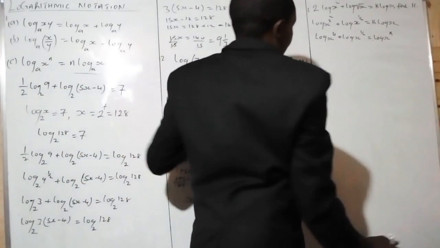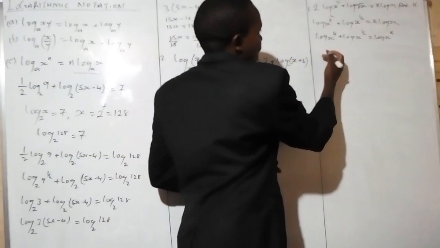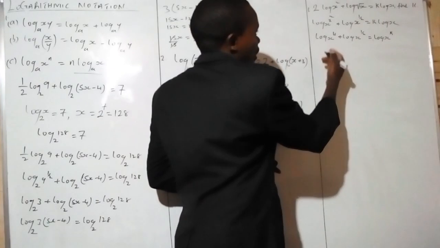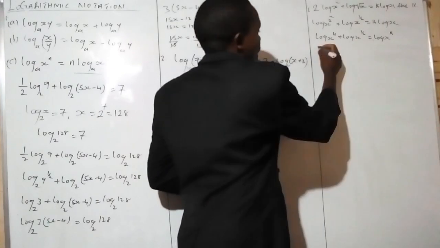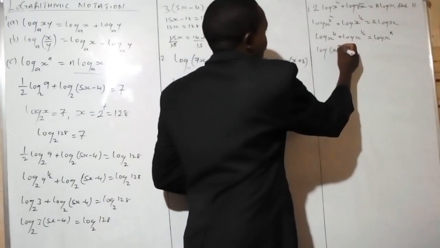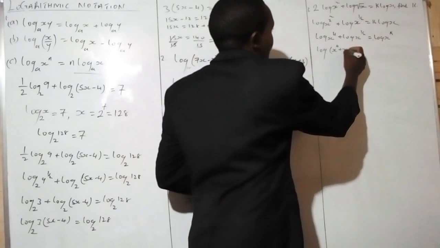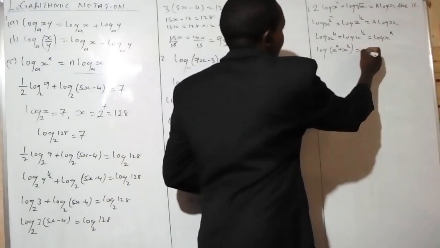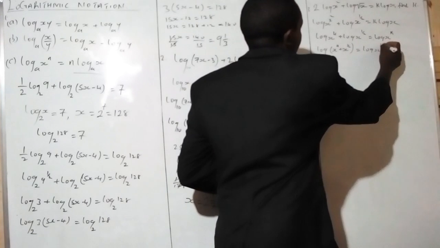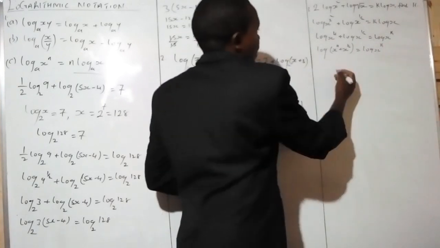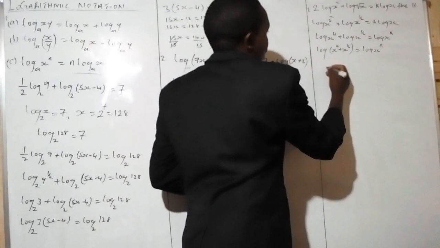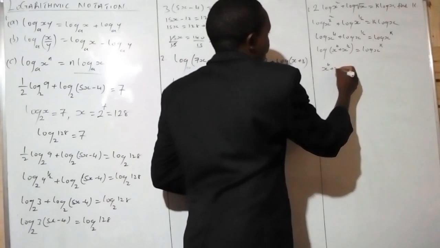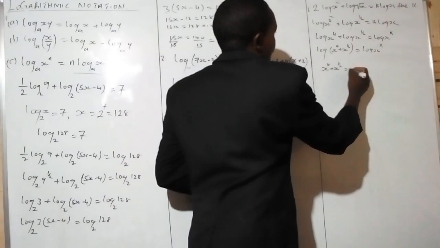Pick a single log on your left hand side to have log of x to the 4 times x to the half, is equal to log x to the k. Drop the logs to have x to the 4 times x to the half is equal to x to the power k.